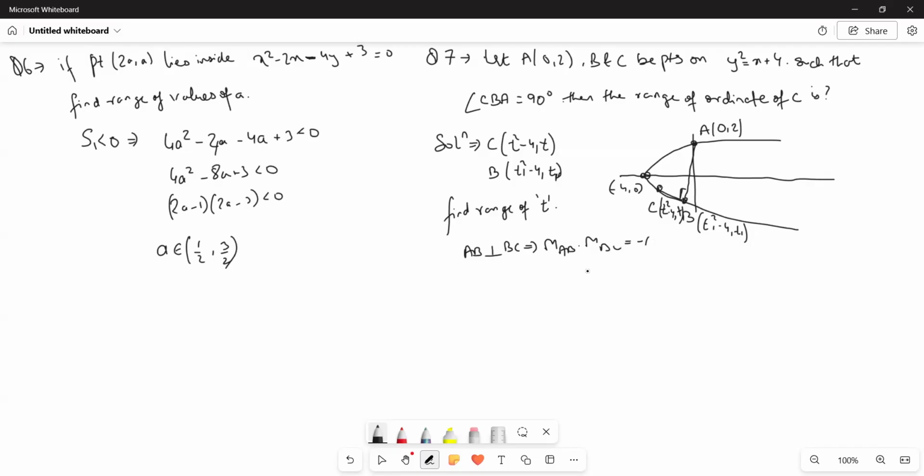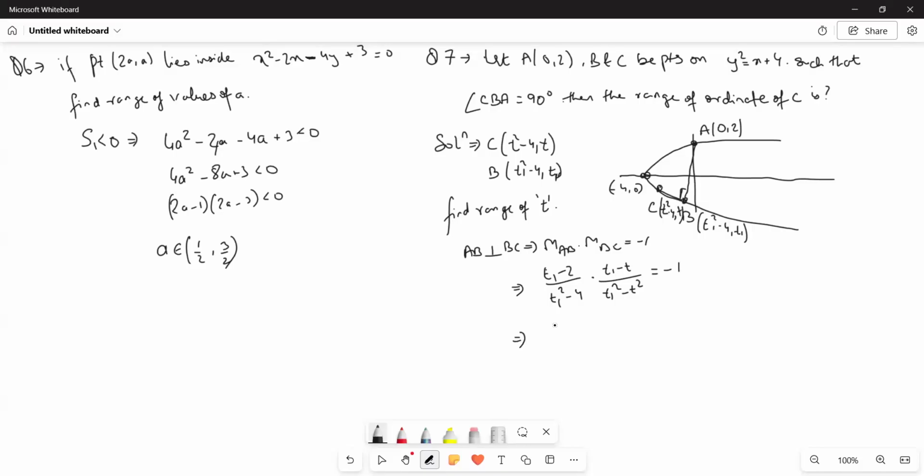What will be the slope of AB? y2 minus y1, t1 minus 2, over x2 minus x1, t1² minus 4, into the slope of BC. So BC would be (t1 − t) divided by (t1² − t²), equal to −1.